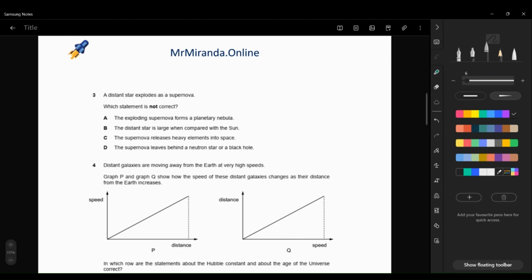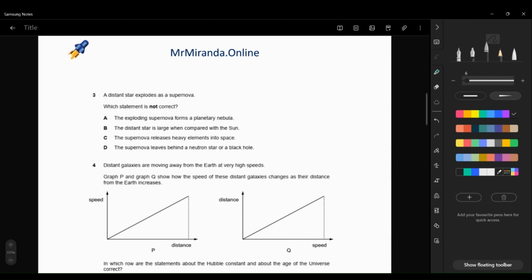All stars die. The sun is going to die in 5 billion years. But the sun is not going to die as a supernova because it is too small. If you have stars that are about 8 times the mass of the sun, the way they will die is going to be as a supernova. It will happen in a split second, and the star will explode.